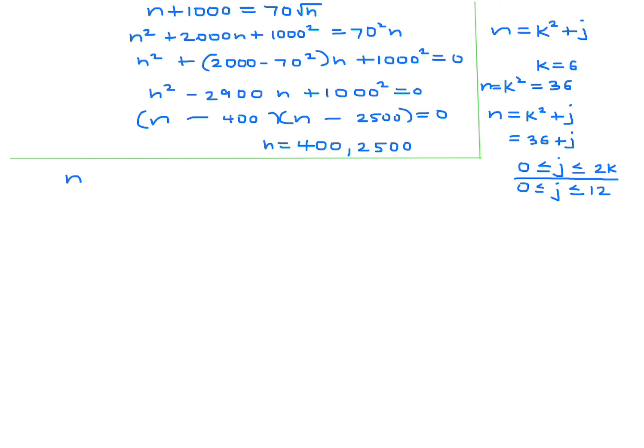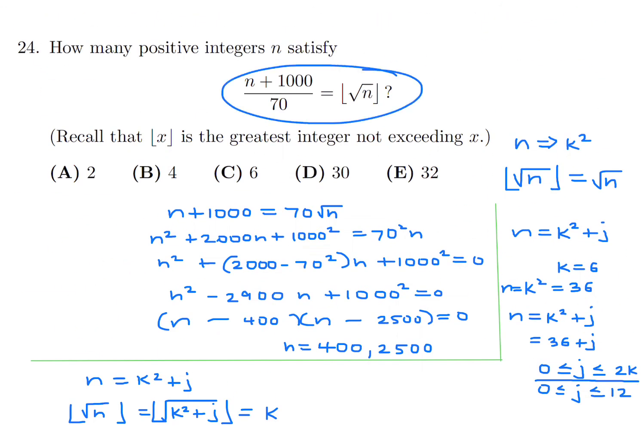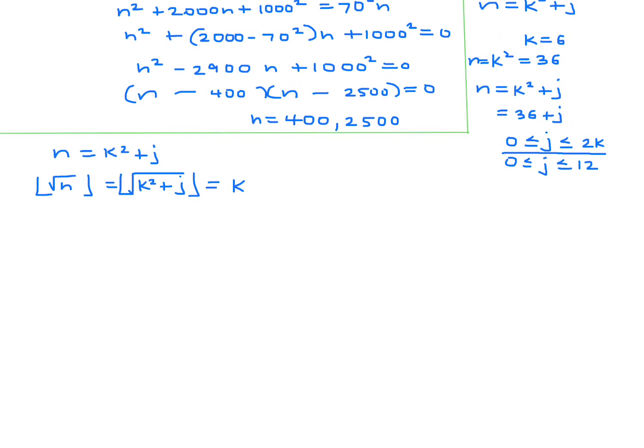Now, since we have set n equal to k squared plus j, we have to figure out what the bracket of root n is. That's the bracket of the root of k squared plus j, and that is pretty much the same as k, because once you take the bracket, you drop the decimal part and you just get the number. So now we put this back into our original equation. n plus 1,000 over 70 is equal to k.